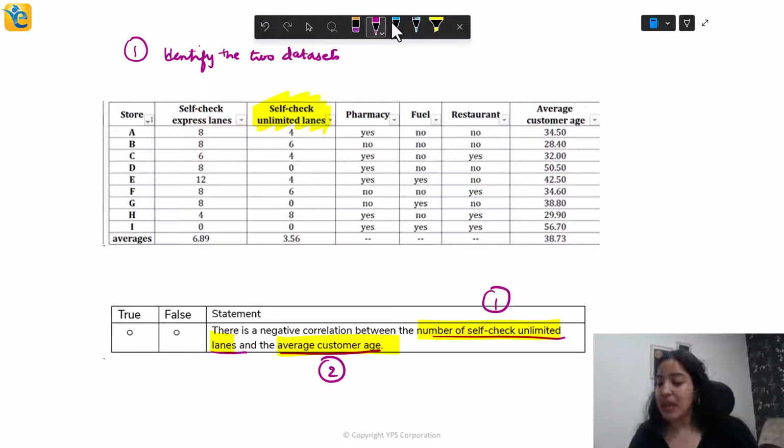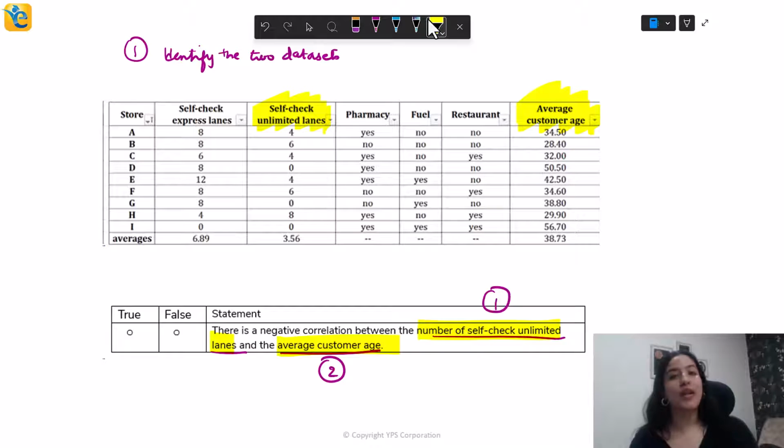For example, self check unlimited lanes, and there's another one, self check express lanes. If you don't read everything carefully under that time pressure, that feeling of rush, you will choose the wrong column. So be very, very careful here. It's easy, yes, but there still is that chance of making mistakes. What's the second thing? Average customer age. Okay, that is easily identified here as the last column. This is your first step, identifying the two data sets.